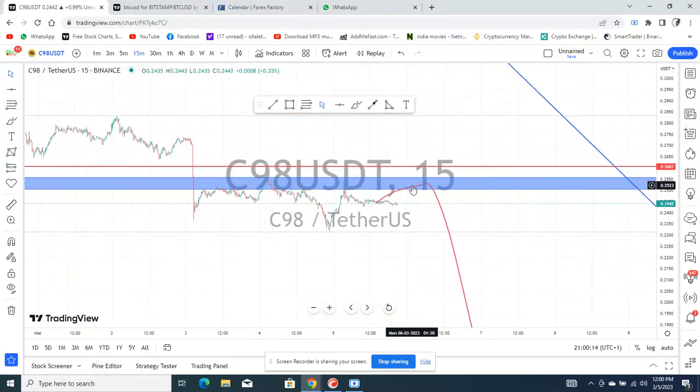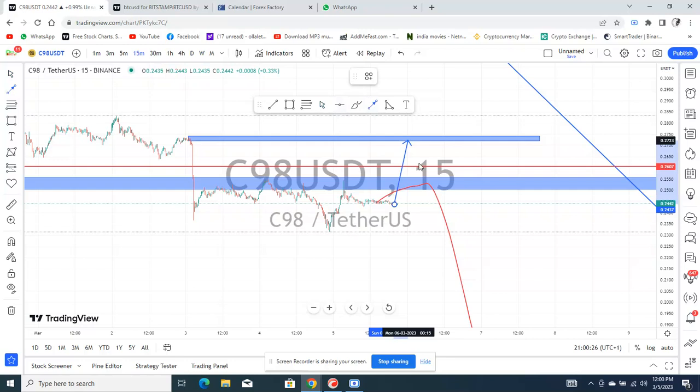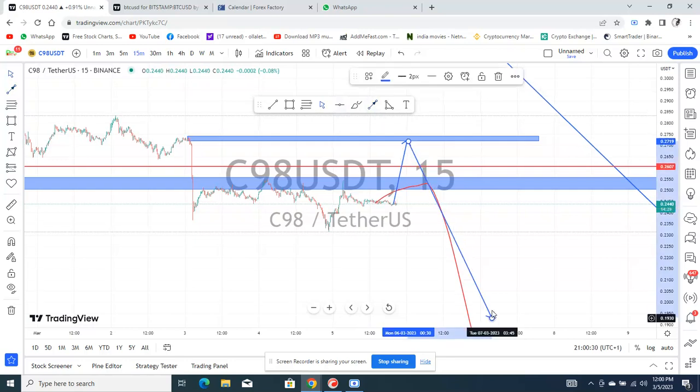Since price is rejecting here, I'm looking for a sell around this one. But if it fails to sell around there, then we should keep our eyes around this level. It is very possible for price to go back here, then sell down again. That is for C98USD.